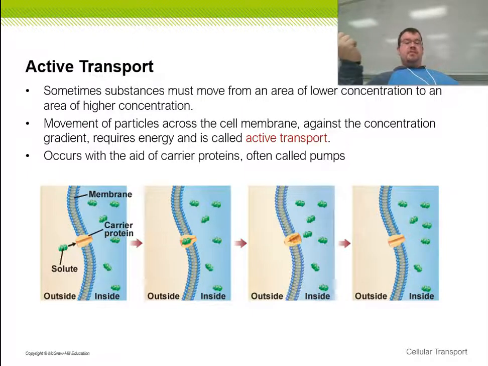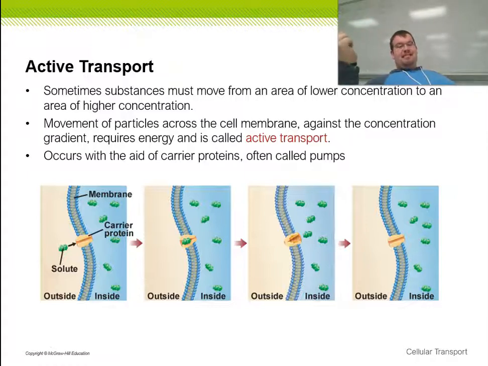So sometimes substances have to move from a lower concentration to an area of higher concentration. To get this movement to take place, we use a process of active transport. Okay, so active transport takes the movement of these particles across that cell membrane against the concentration gradient.